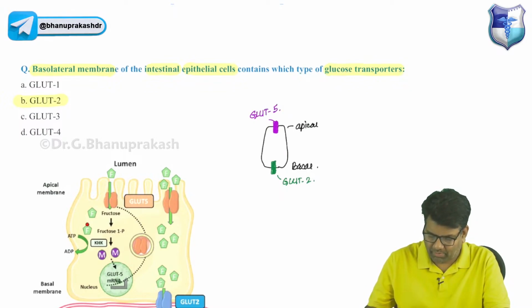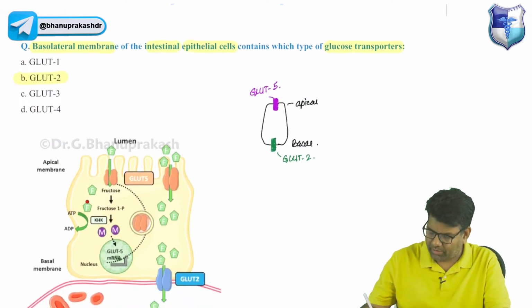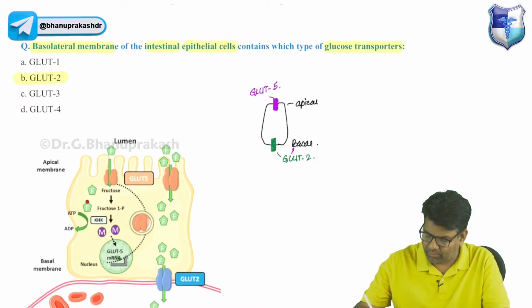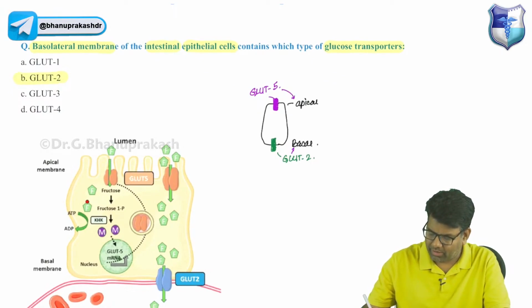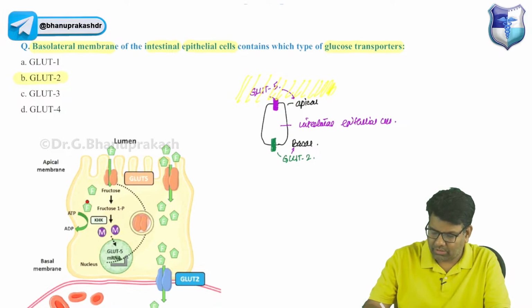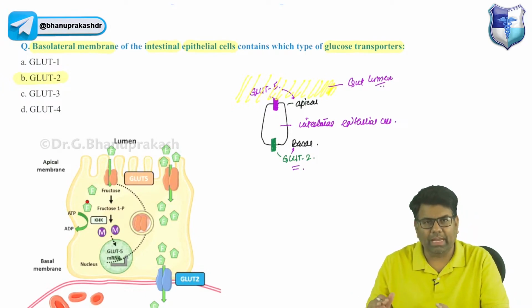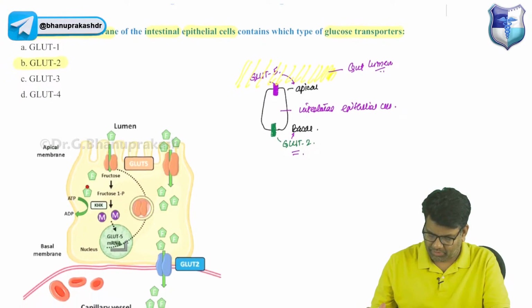Clear? So please remember this and don't mix up. GLUT2 in the basal part and GLUT5 in the apical part of the intestinal epithelial cell, and here we have the lumen of the gut. This is gut. So remember GLUT2 in the basal part of the epithelial cell.